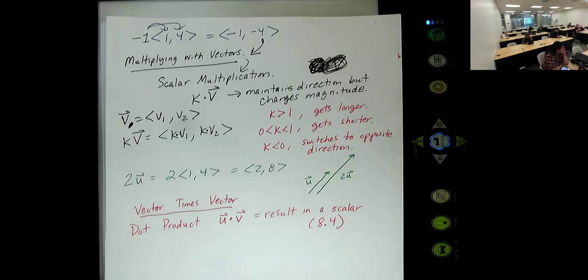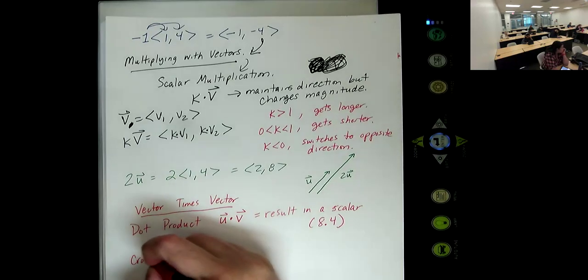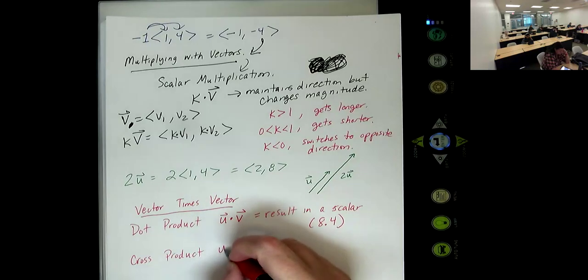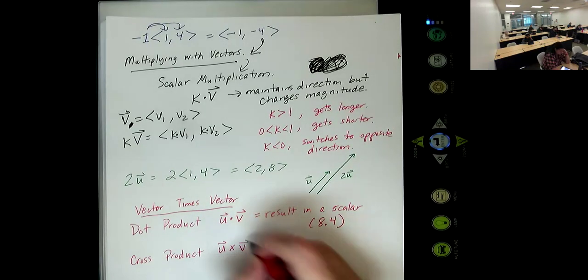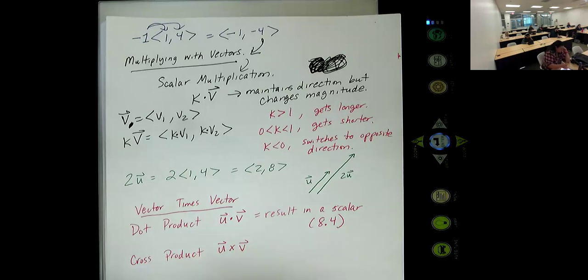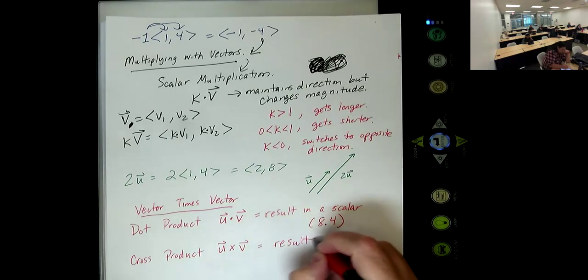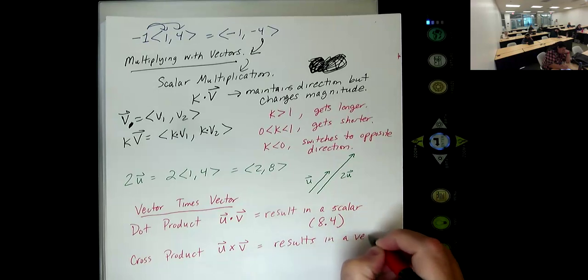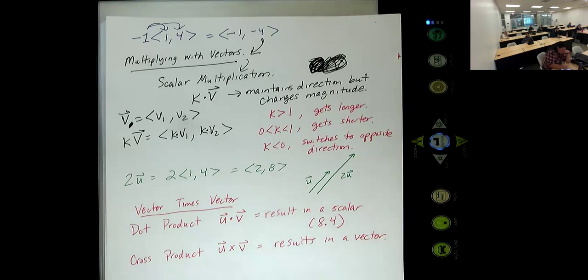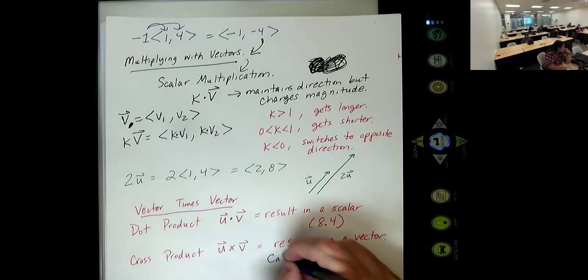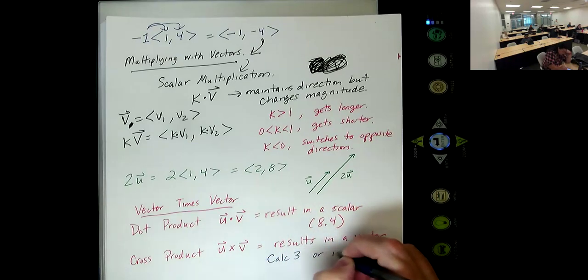The other one is called the cross product. Okay, so let's say that as u cross v. And this results in a vector. In terms of math courses, you'll see this in Calc 3 or in a physics course.